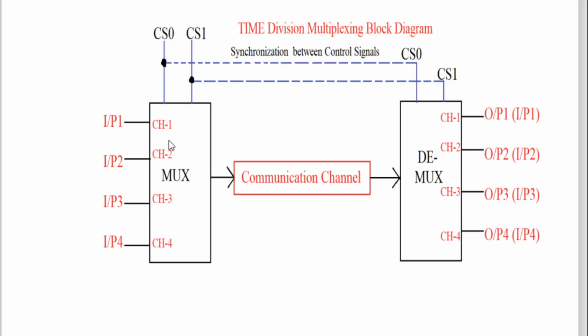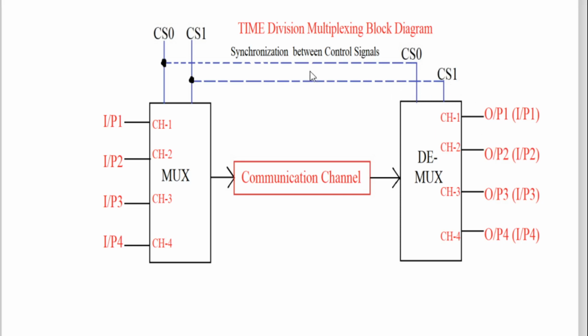Now when information signal 1 is selected by the multiplexer on the left hand side, because control signals are 0, 0, and it is passed on the communication channel, when it comes to the input of the demultiplexer, the demultiplexer passes that information signal to any one channel out of 4, and that is also decided by the status of the control signal of the demultiplexer.